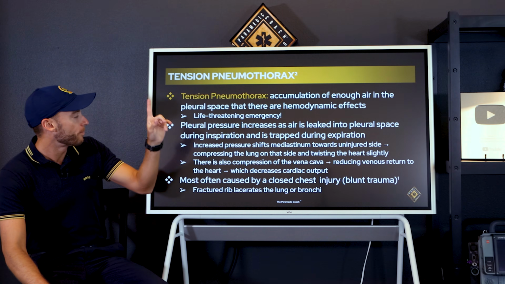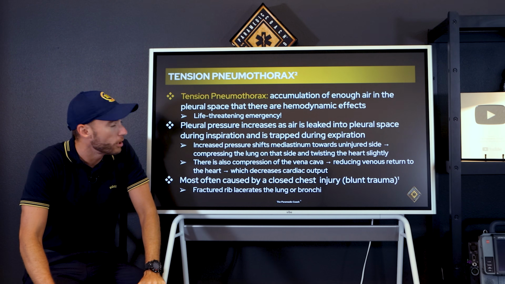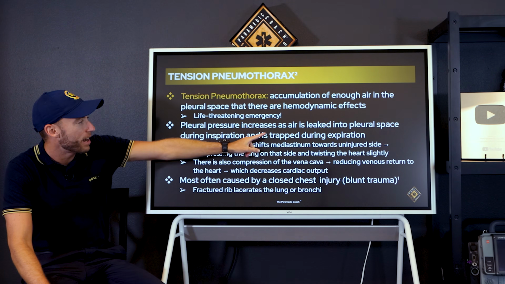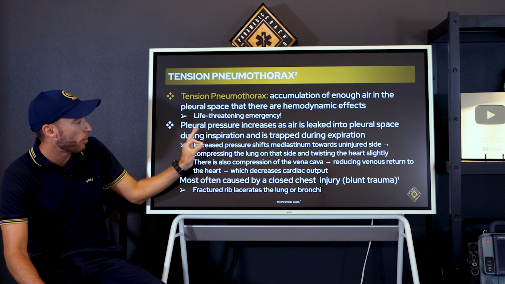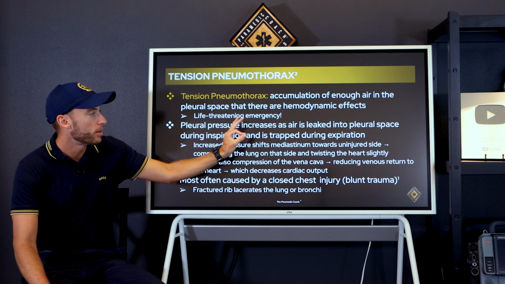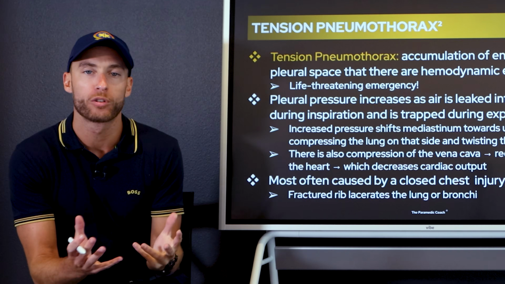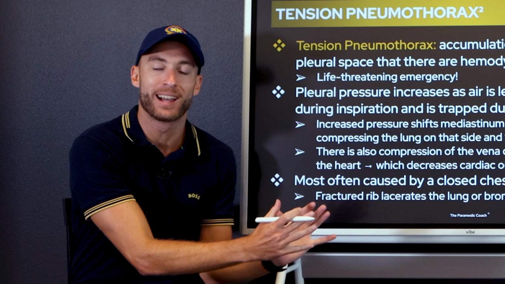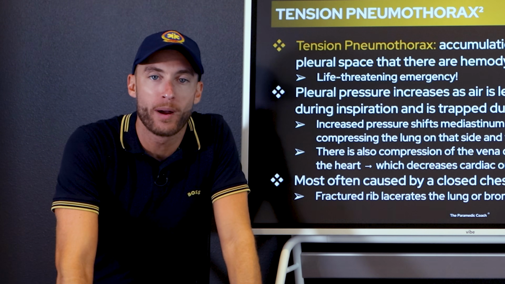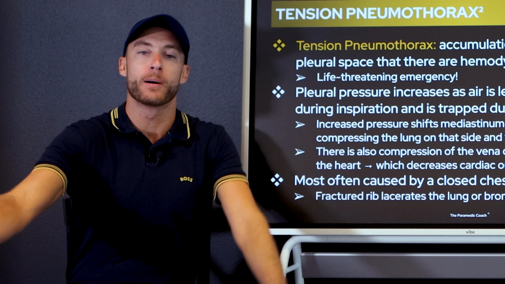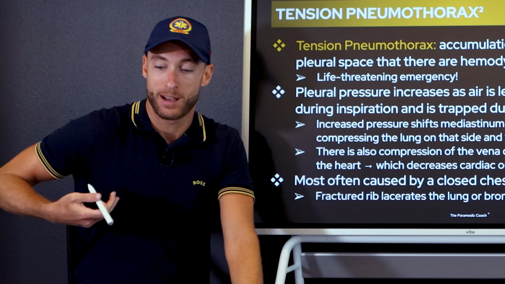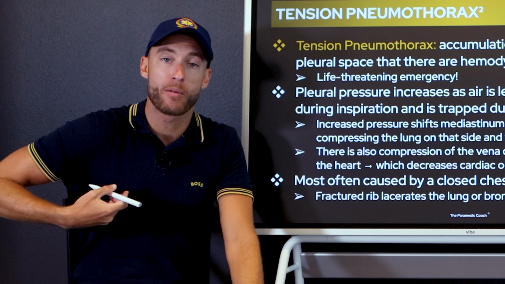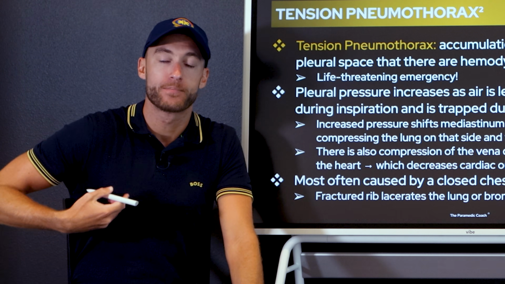Hang with me. So, pleural pressure increases as air is leaked into the pleural space during inspiration and is trapped during expiration. Remember, folks, at the very baseline, what do we have with pneumothorax? Let me give you a scenario. A bullet enters my chest. Let's just say this is my right hand on my right side, okay?